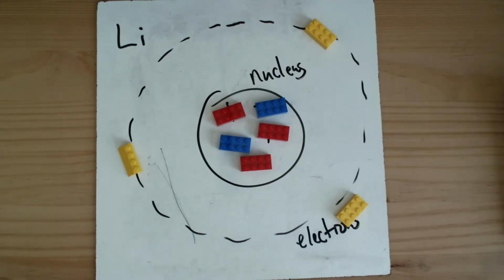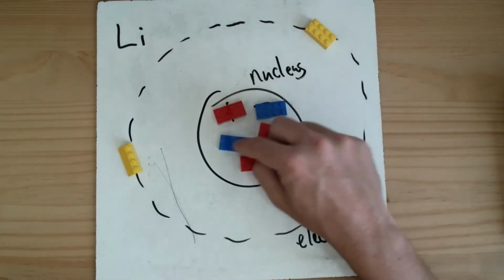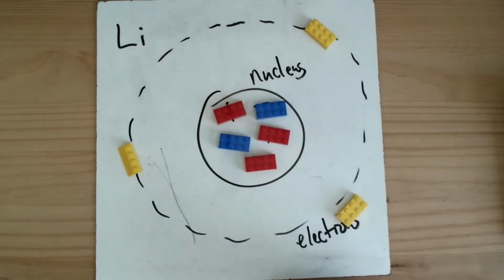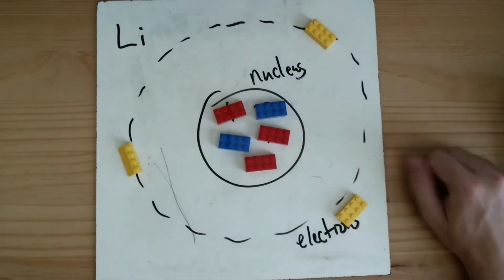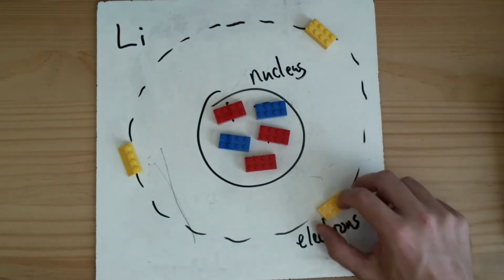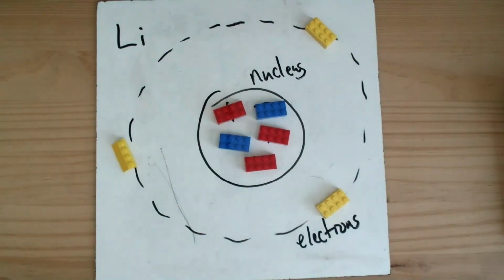Now, one of the other things that you'll have to know for atomic physics is that protons and neutrons, the things that exist in the middle, they have mass. They are what makes an atom heavy. And electrons on the outside do not have mass. They are so small that we basically say that they don't have mass, because to try to count it up, there's not enough electrons for it to make a difference.